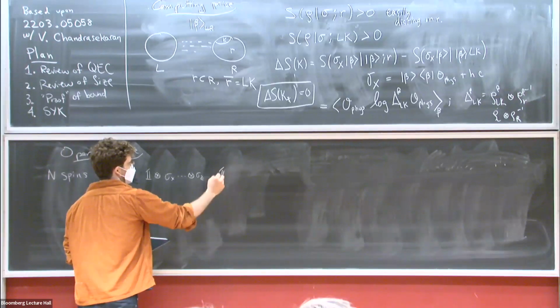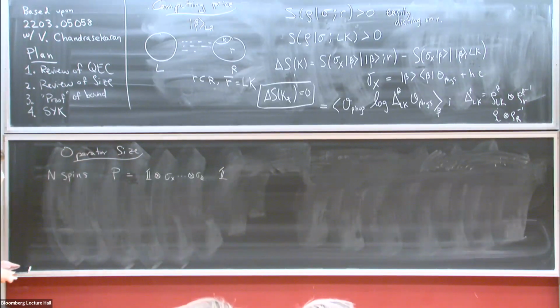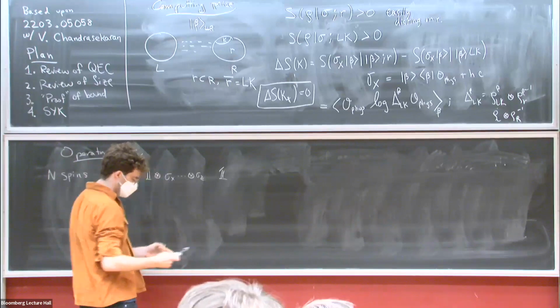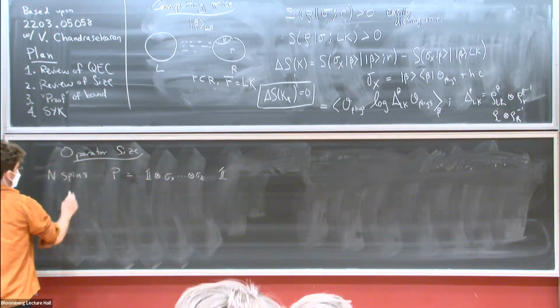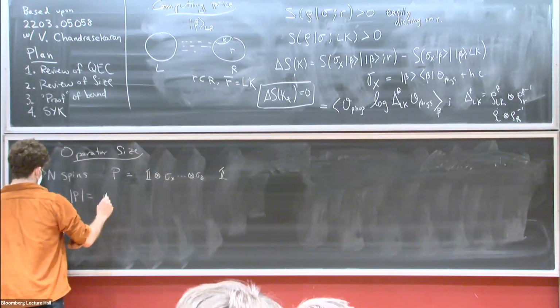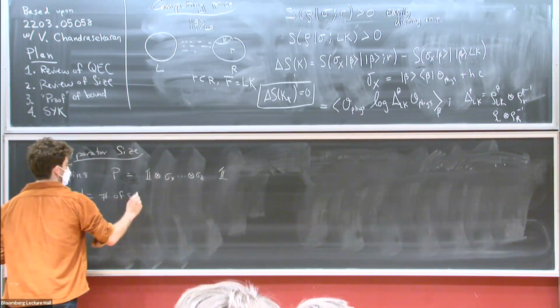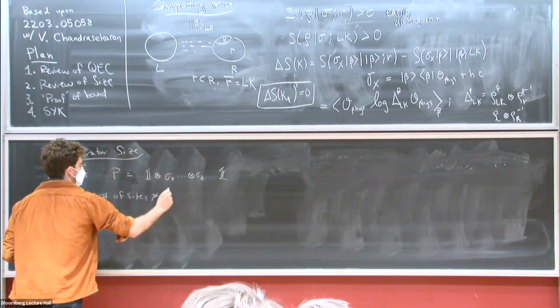So you have words built out of x, y, and z. And the size of a given Pauli string is just the number of sites not equal to the identity operator.